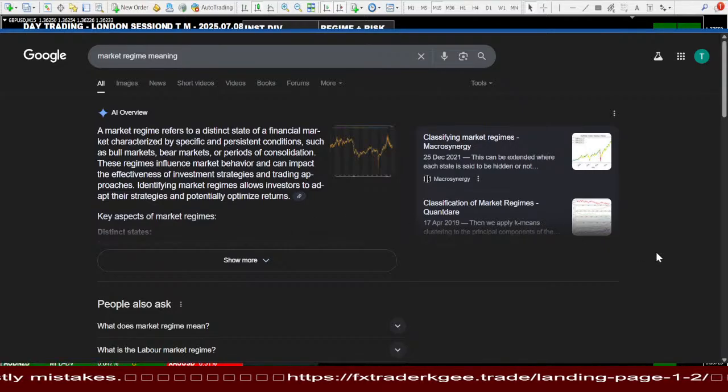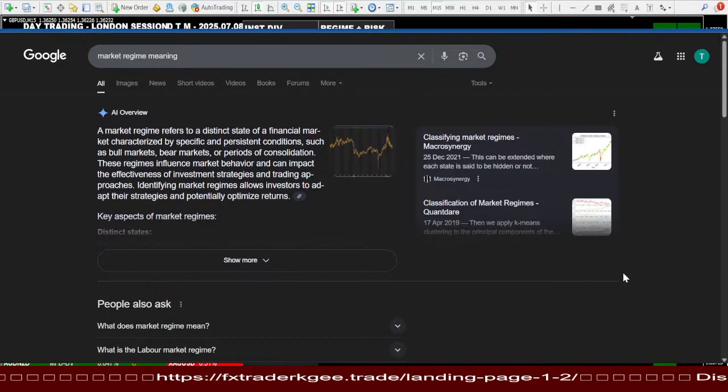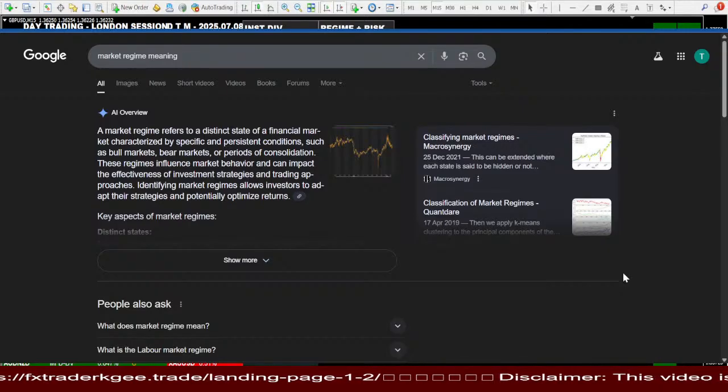Okay, and it helps us to understand market shifts between different regimes. You know what regime is: the Abacha regime, the Obasanjo regime. Okay, stuff like that.